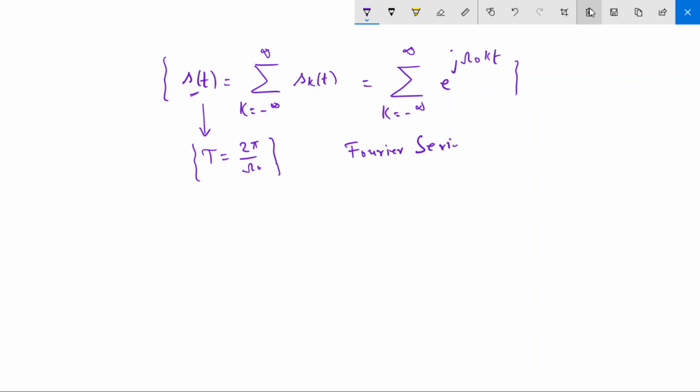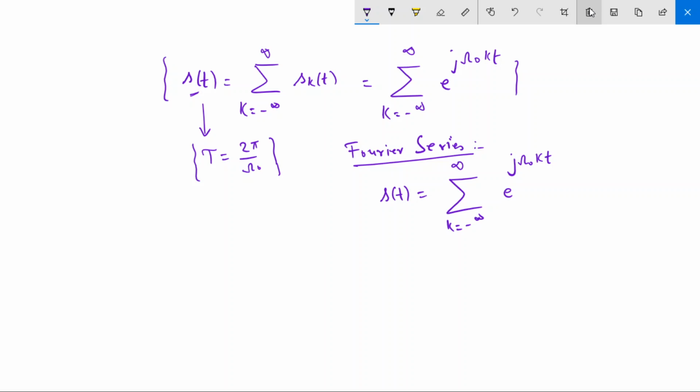So in the Fourier series you go in the reverse direction, meaning the periodic signal is given to you and you have to decompose this signal in terms of complex harmonics. Any signal which is periodic can be decomposed in the form of complex harmonic signals like this.